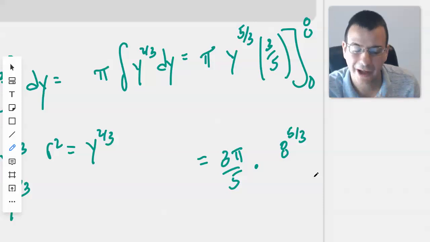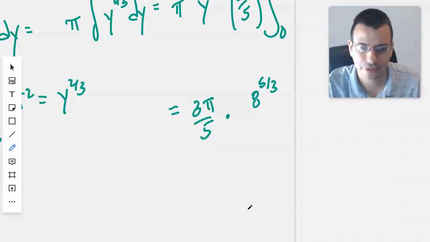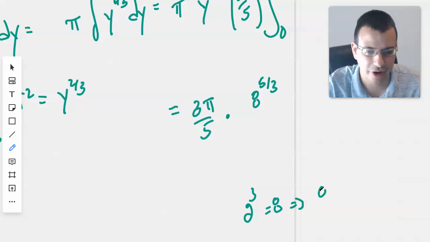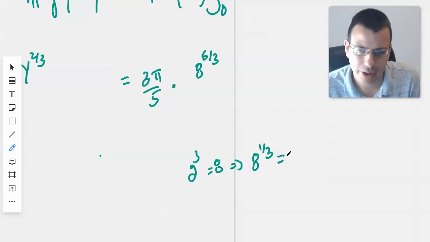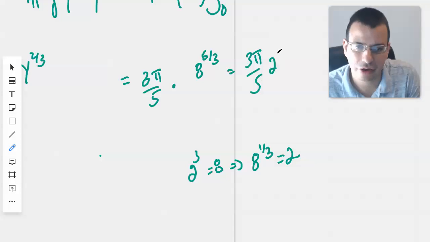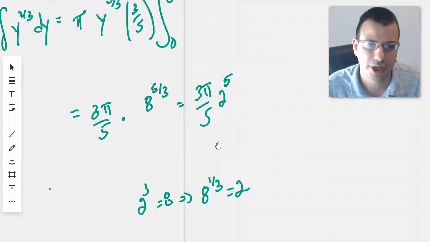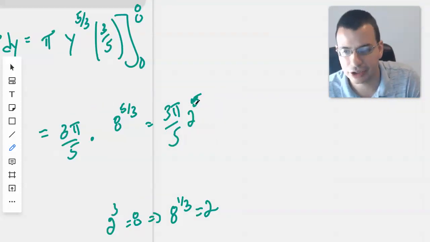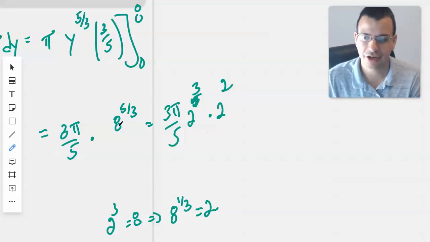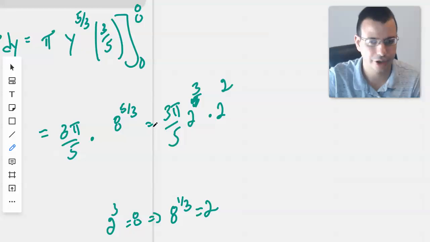Okay, so I just happen to know that 2 to the 3rd equals 8. Therefore, 8 to the 1/3 will be 2. So this will equal 3 pi over 5, 2 to the 5th, which I am going to rewrite as 2 to the 3rd times 2 squared. I guess I probably could have separated that out, yeah, that's fine. We're good here.